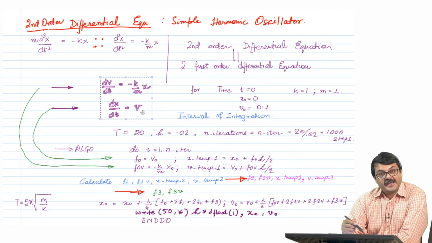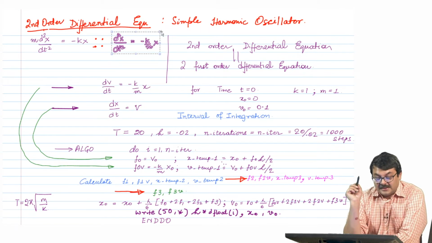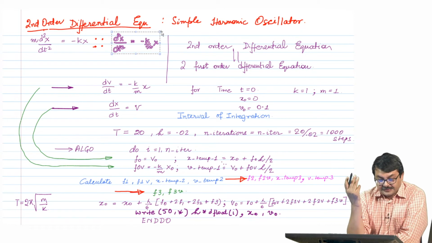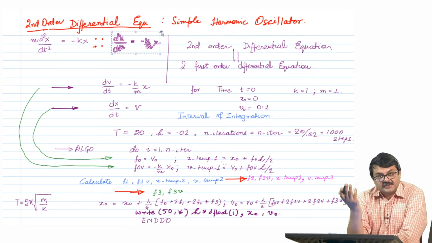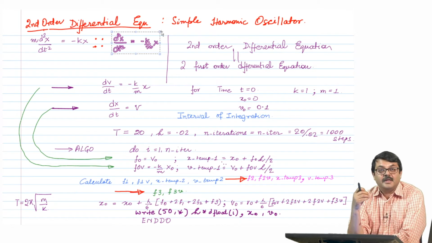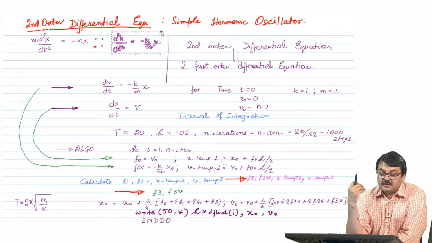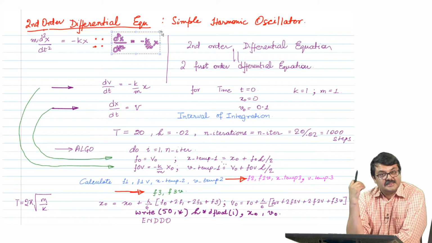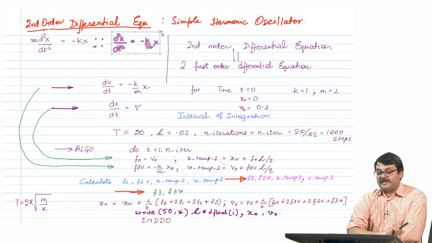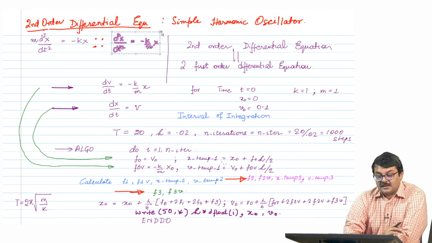Moreover, you will have x as a function of time. When you were solving this second order differential equation, your aim was to get x as a function of time, x as a function of t, if you do not want to ascribe physical meaning to the quantities x and t. So, suppose x is some general variable, right.